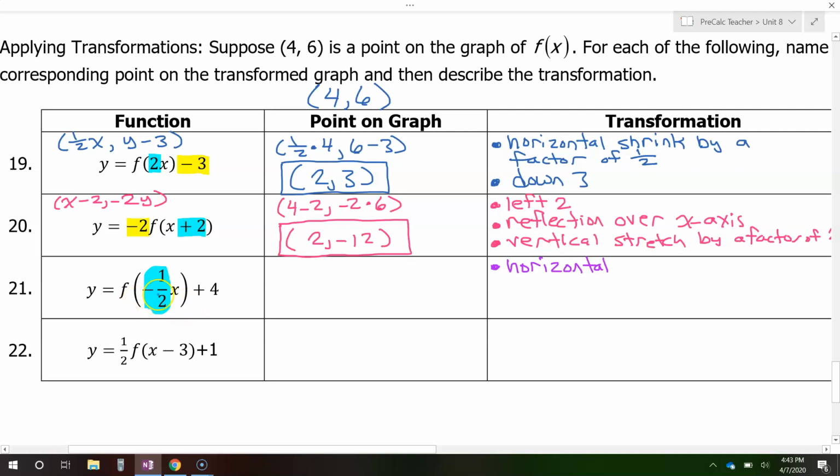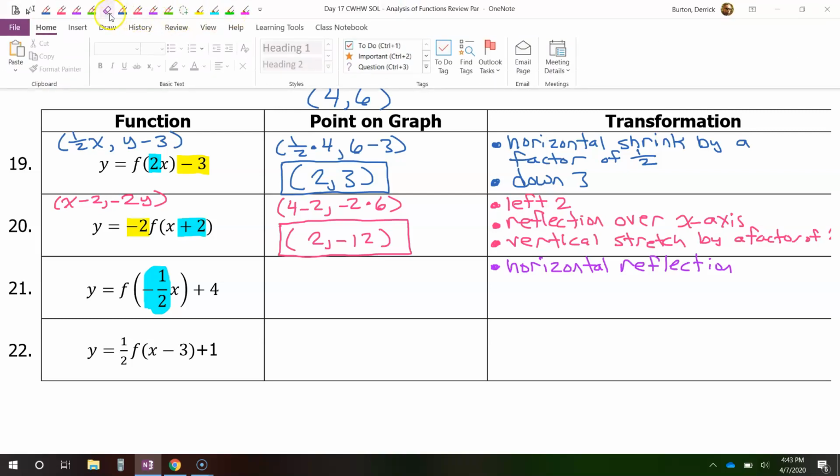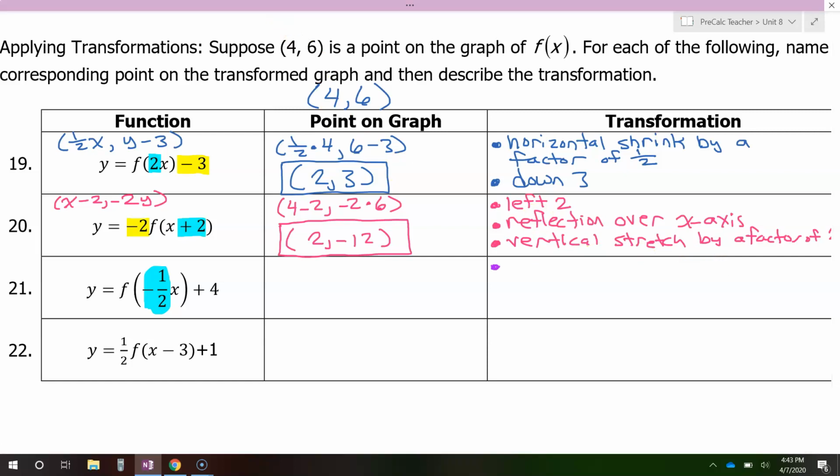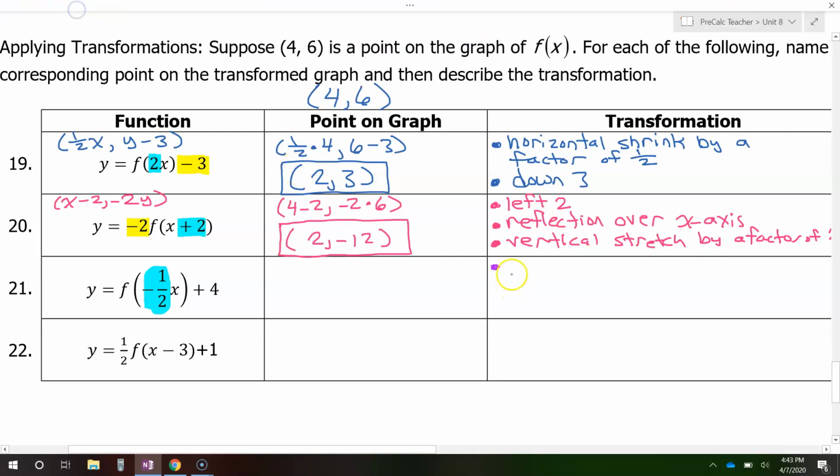Now, this is actually 2 separate things. The negative sign is going to be a horizontal reflection. Okay, now horizontal reflection is also known as a reflection over the y-axis. You can write it either way.